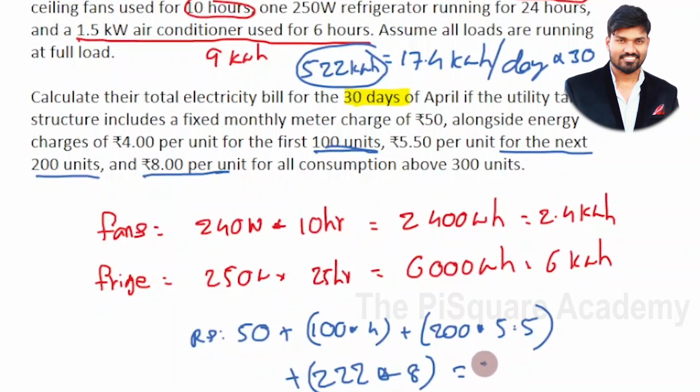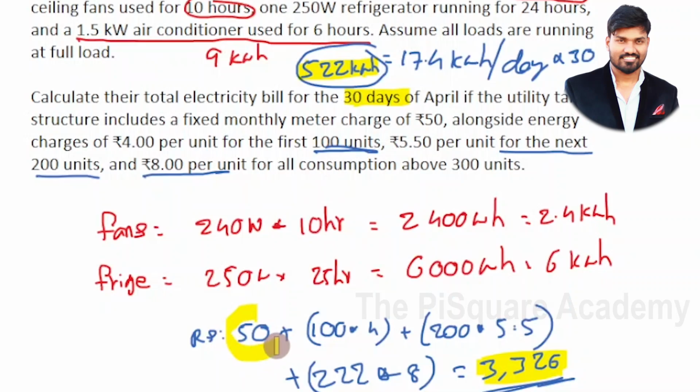It is 3,326 rupees. If my math is not wrong, this should be the correct answer. The total electricity is 522 units in 30 days and it will cost 3,326 rupees according to this tariff.